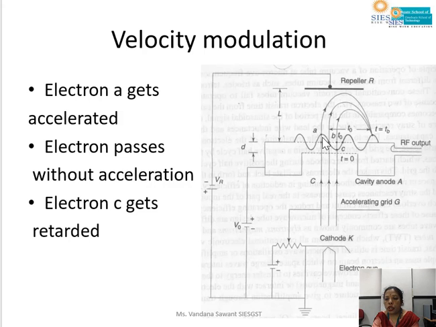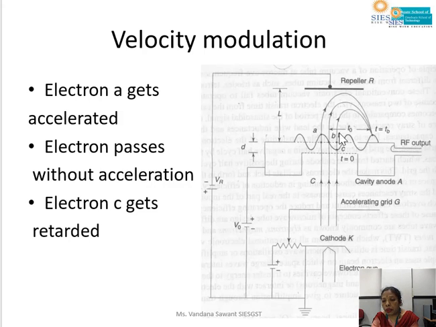Now see, electron A is traveling with the highest velocity and started earlier. Electron B travels with a normal velocity and started after A, and electron C started after B with the lowest velocity. So if we see all this, electron A started earlier with the highest velocity, and electron C started last with the lowest velocity.